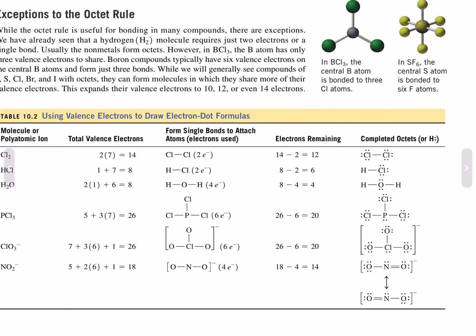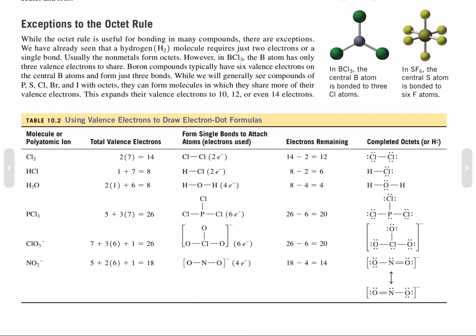The completed octet would be three pairs of electrons on both chlorines plus one single bond. Hydrogen chloride: there's one valence electron in hydrogen and 7 in chlorine, so there's 8. 2 are used in the bond, that leaves 6, and the 6 all go on the chlorine.